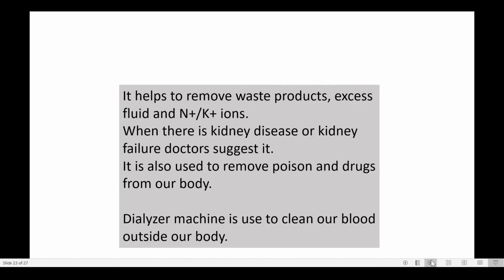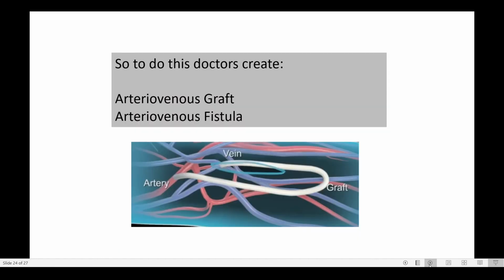So it helps to remove the waste products, excess fluid and the sodium ion and the potassium ion. When there is kidney disease or kidney failure, doctors suggest it. It is also used to remove poison and drugs from our body. Dialyzer machine is the machine which cleans our blood outside our body. So to do this, doctors create arteriovenous graft as well as arteriovenous fistula.